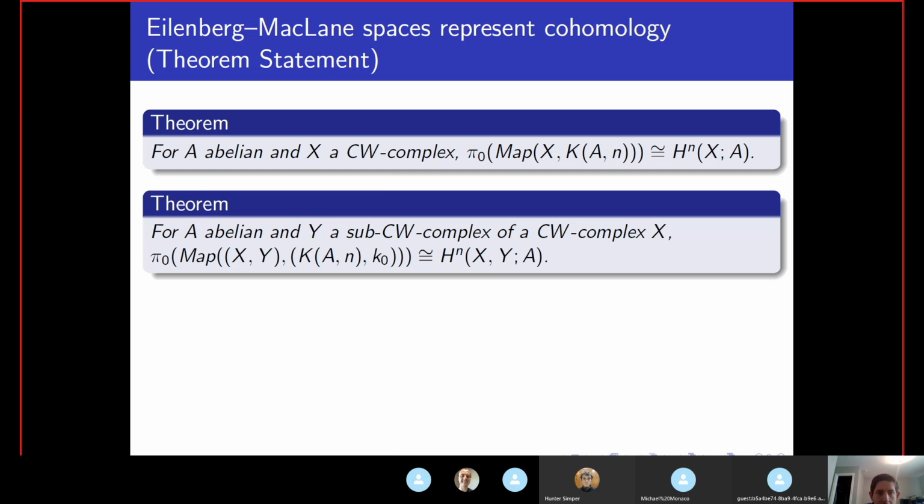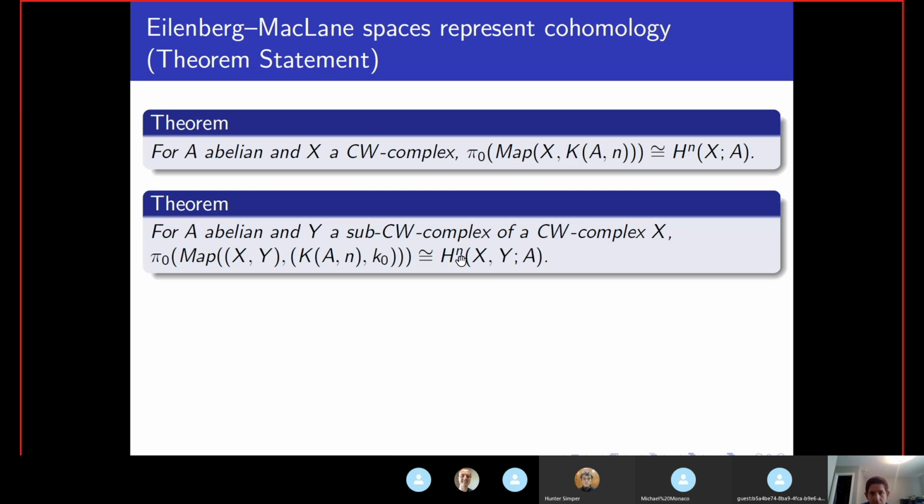Okay. And so there's a relative version where you plug in maps from a pair into the Eilenberg-MacLane space rel base point, and then you just get the homology of X rel Y with coefficients in A. And if you plug in Y as a point, then this is just a base mapping space.